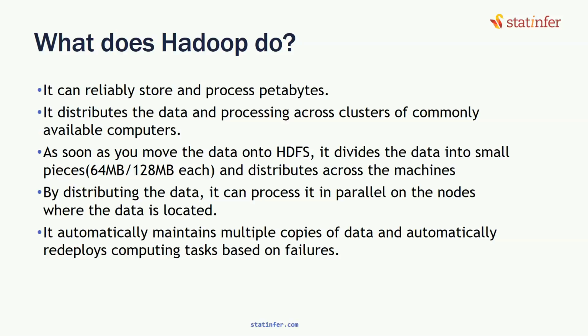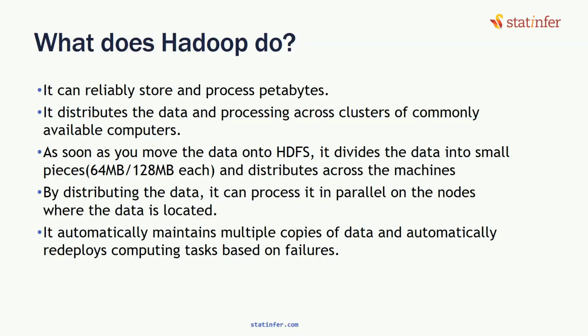Hadoop will automatically maintain multiple copies of the data. As soon as Hadoop divides the data in HDFS, it has some beautiful properties. One is that you break every data set into 128 MB pieces. Within HDFS there is one more property: replication. Each piece will be kept in 2-3 copies, and these copies will not be stored on a single node.